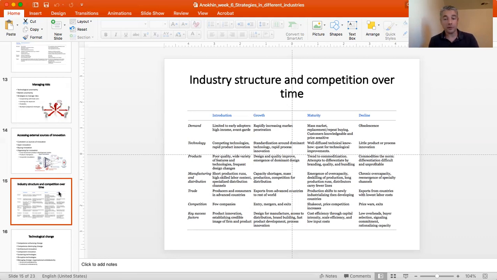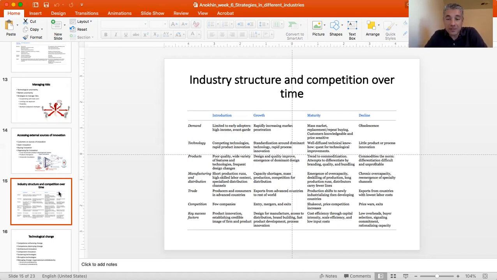Early on, the demand is limited to early adopters, usually high-income people who are excited about trying new things. In the growth stage, demand goes up rapidly and market penetration goes up.